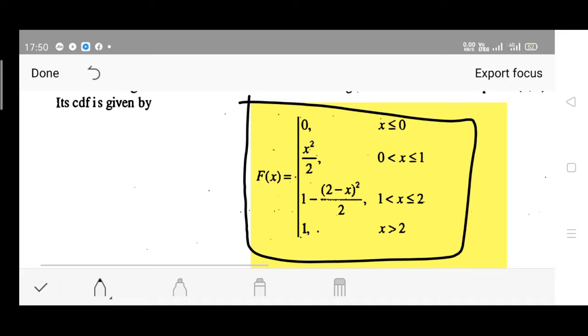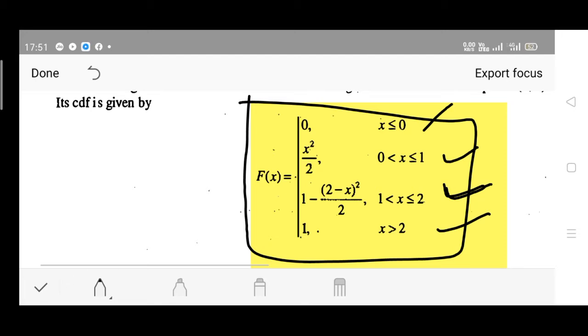Capital F of x equals 0 for x less than or equal to 0. If it lies between 0 and 1, then x square by 2, as per the triangular distribution function. For the range 1 to 2, it is 1 minus (2 minus x) the whole square by 2. Otherwise it is 1, that is for x greater than 2.